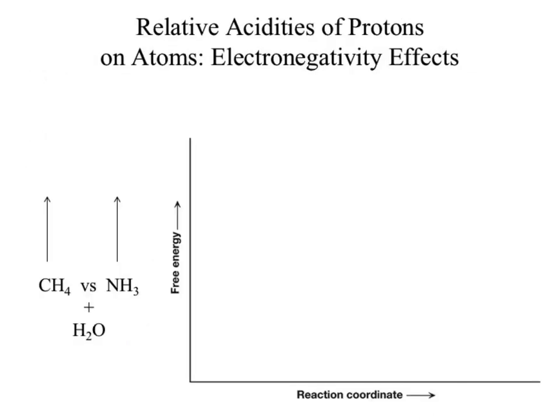Okay? So if we went through to look at these reactions, CH4 versus NH3 plus water. Okay? What do you think we're referencing these acting as? CH4 is going to act as an acid?